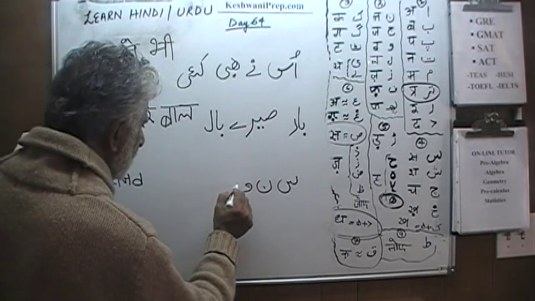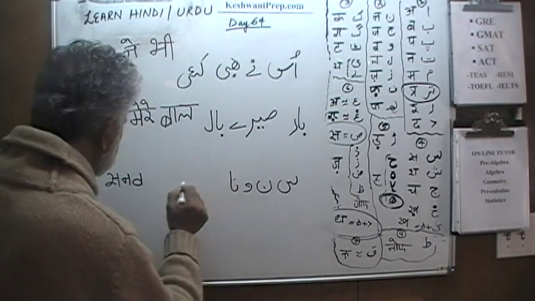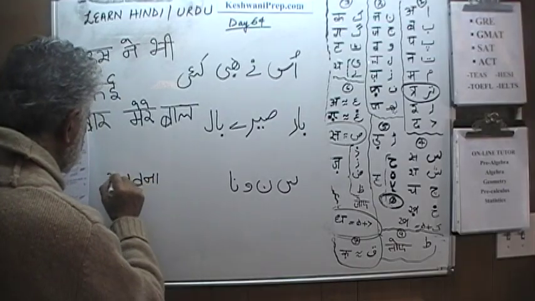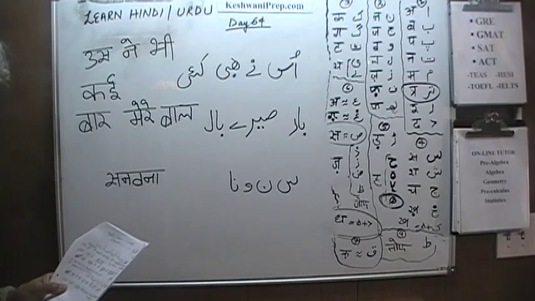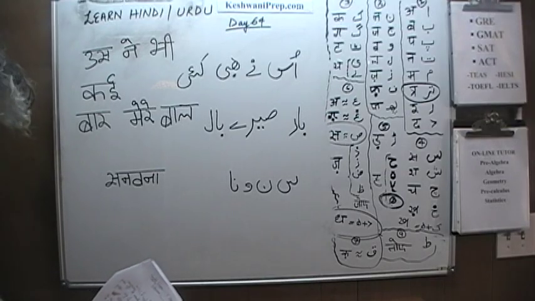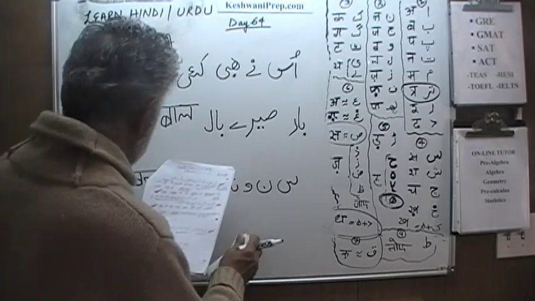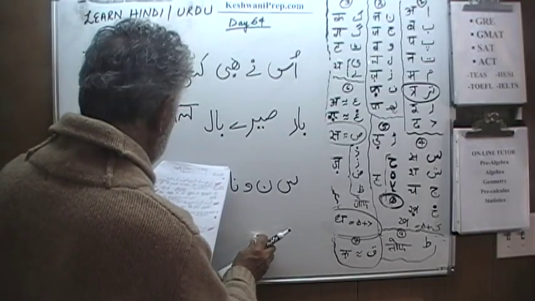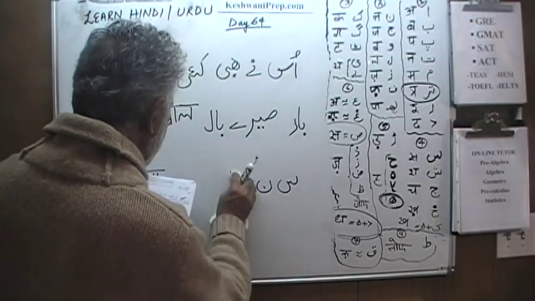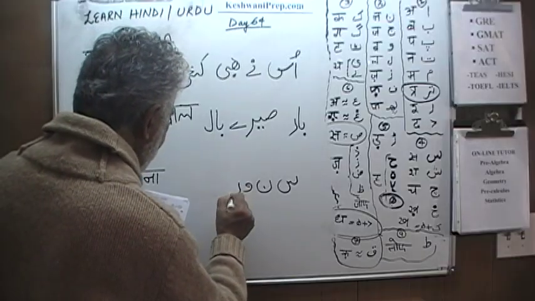And then we have a na. We left out a re. Seen, noon, wow. We need a re in between. Re and a na.